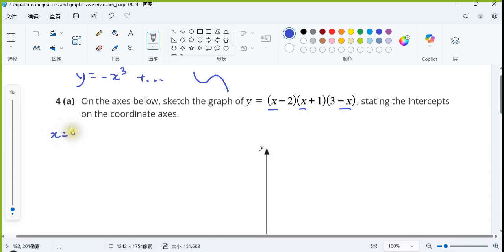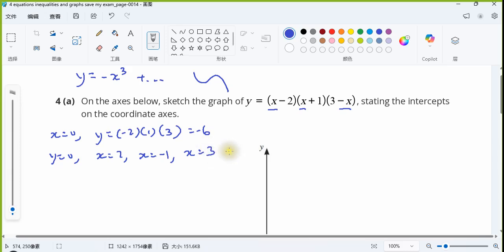So when x equals 0, y equals negative 2 times 1 times 3, which is negative 6. When y equals 0, x equals 2, x equals negative 1, and x equals 3. So the shape will be something like this. This is negative 1, this is 2, this is 3. The intercept is negative 6.